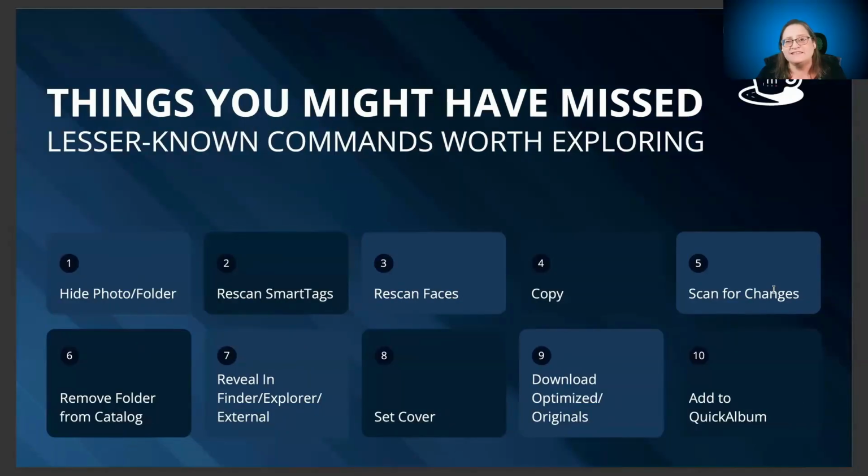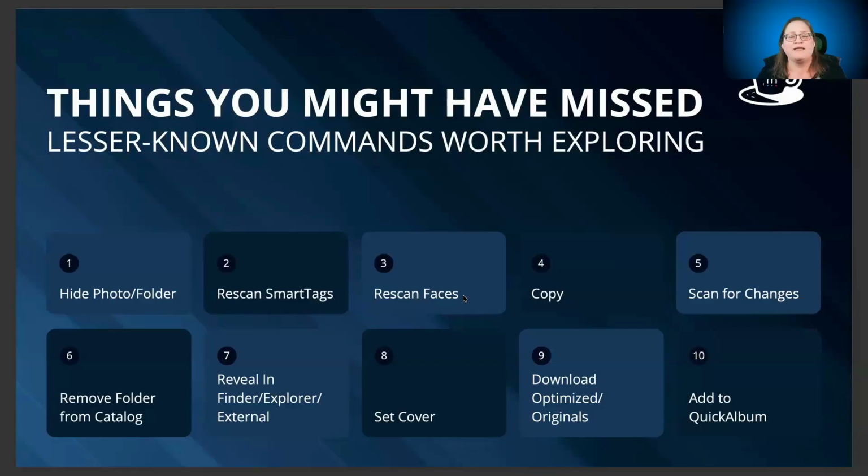Similarly with rescan faces, if you have pictures where you have ignored people, or you want Mylio to take another pass and be like, no, I think there are people here you should have identified, you can go ahead and choose rescan faces. And that's going to bring back pictures that you ignored. And it may sometimes find pictures that were not found at the initial pass.